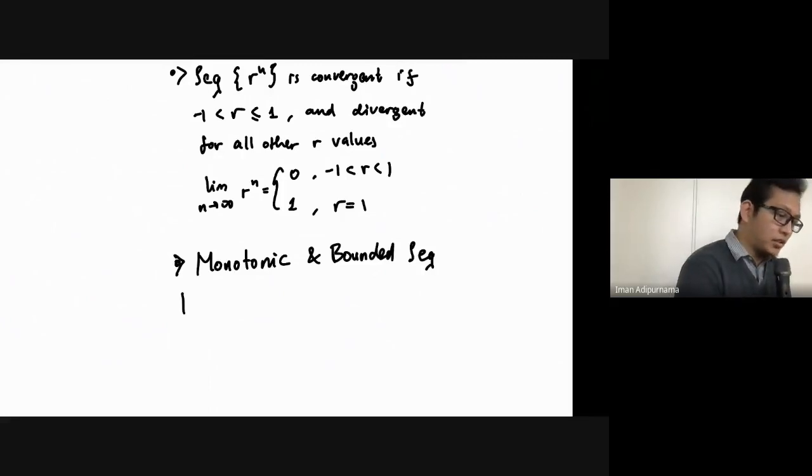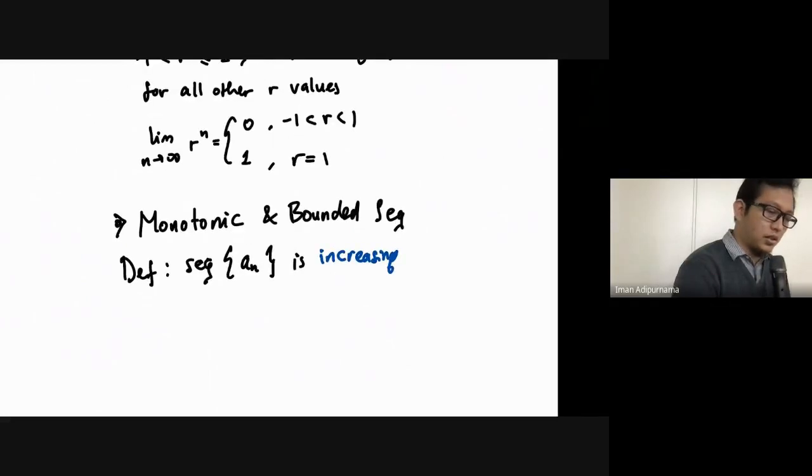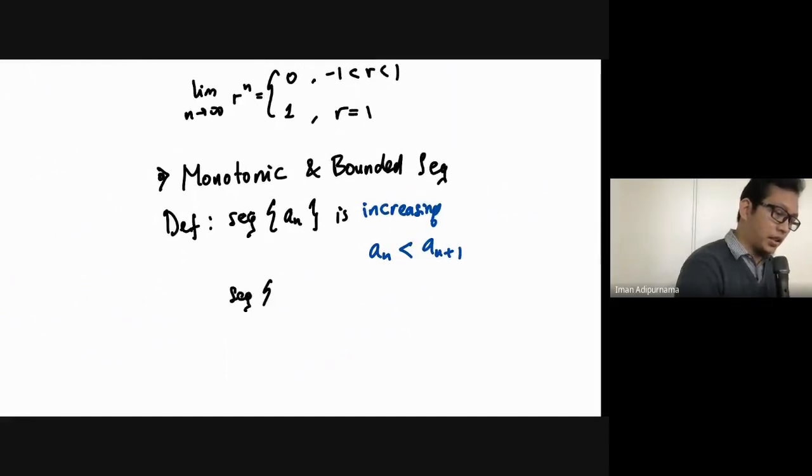Definitions: a sequence a_n is increasing if a_n is less than a_{n+1}. And a sequence a_n is decreasing if a_n is greater than a_{n+1}.